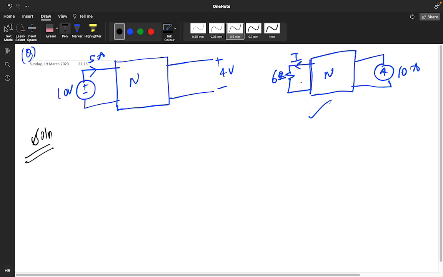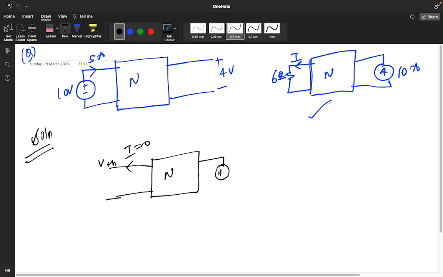Across this you need the value, so I'm making this open, so this is my VTH, and this particular current I will be 0 if I'm making this VTH, and this current is given as 10 ampere.